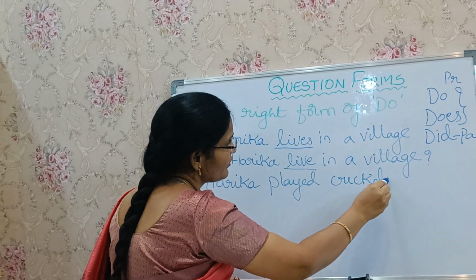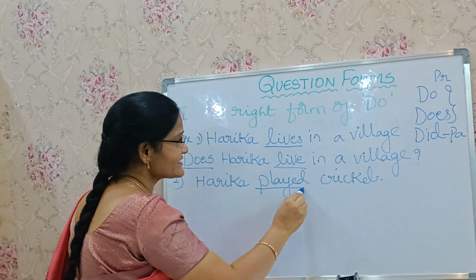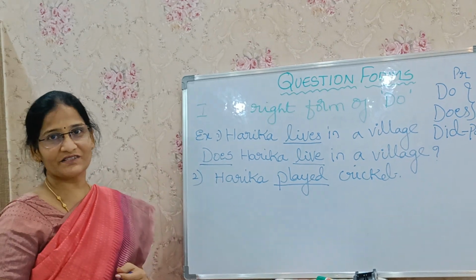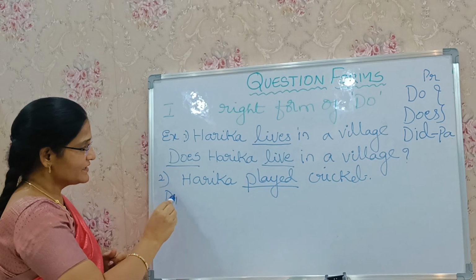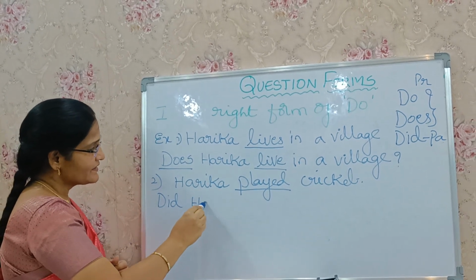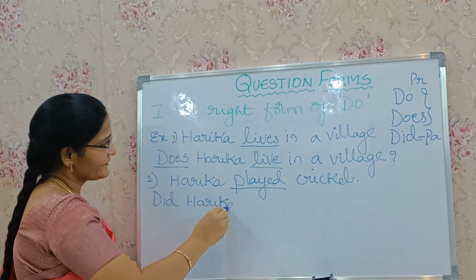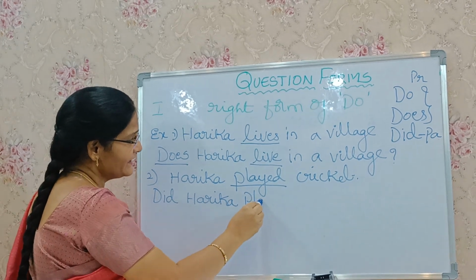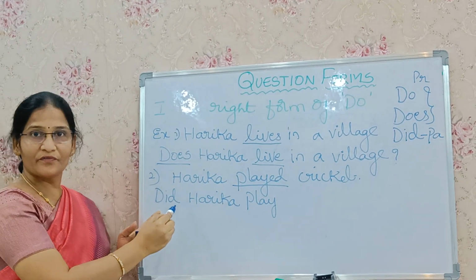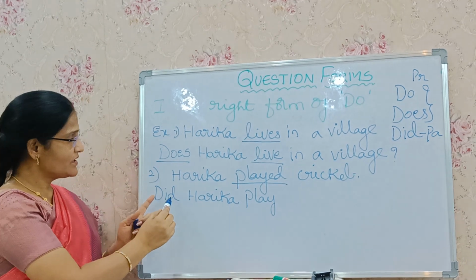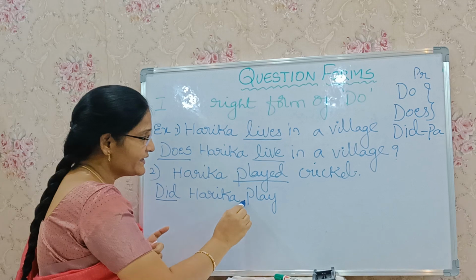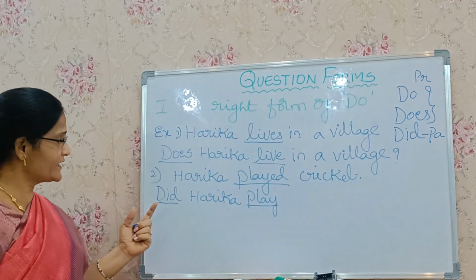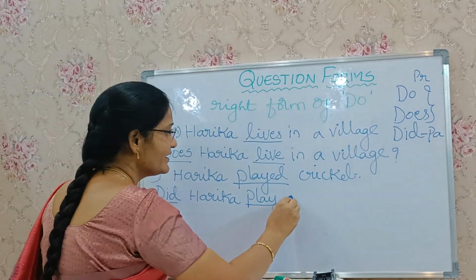Now look at the verb I have used in this sentence: played. It's a past tense. So accordingly the past form of do you have to take, that is: Did Harika play cricket? Again, two past forms of the verb we are not supposed to take. Already one past form, did, we have taken.